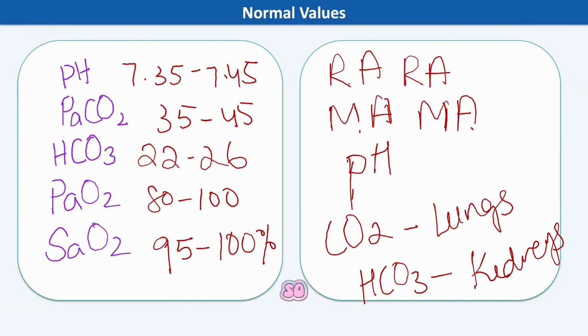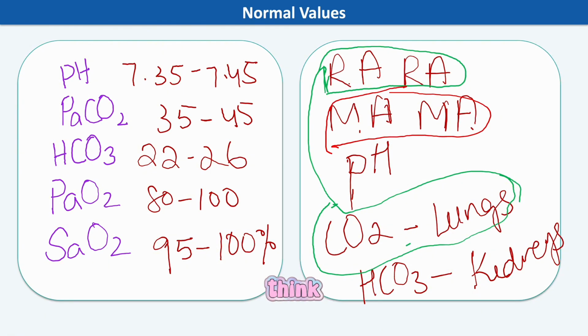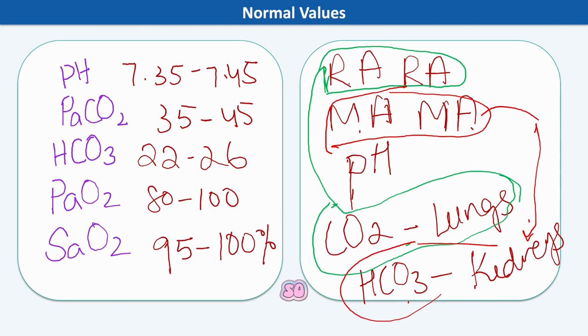When we say respiratory alkalosis or respiratory acidosis, what's causing that disorder? That would be our lungs. It has to do with the carbon dioxide levels. When we talk about metabolic, it's the kidneys, so it's related to the bicarb. So remember that carbon dioxide is our acid, and bicarb is our alkali.